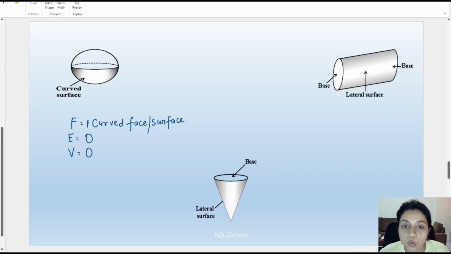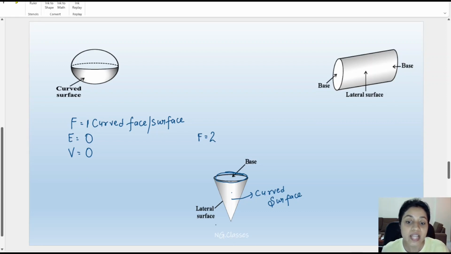Let's count for the cone. For the cone, number of faces are 2. Here we can see a circular flat surface and a curved surface. This one is the curved surface. So 2 surfaces are there or 2 faces are there.